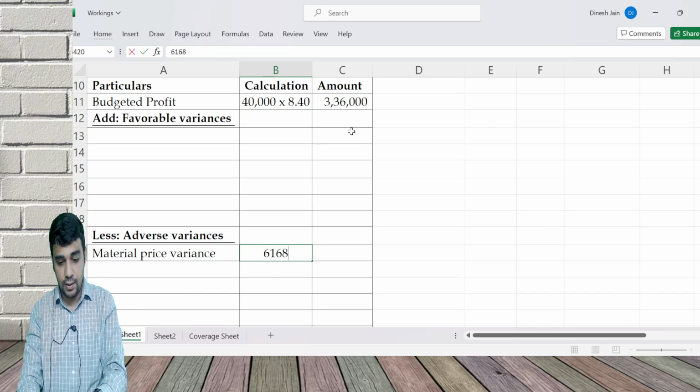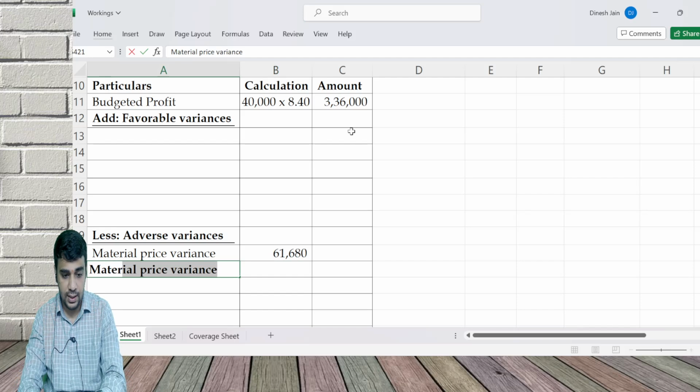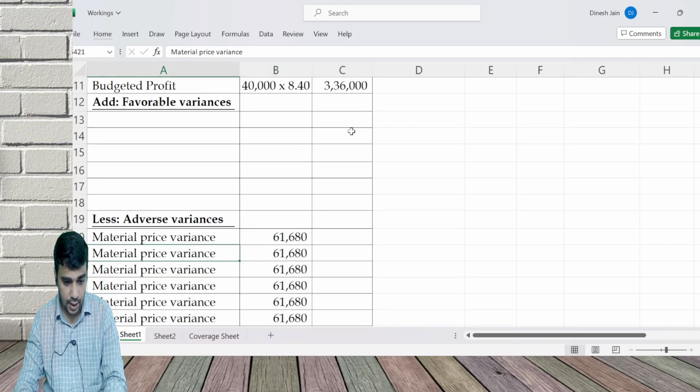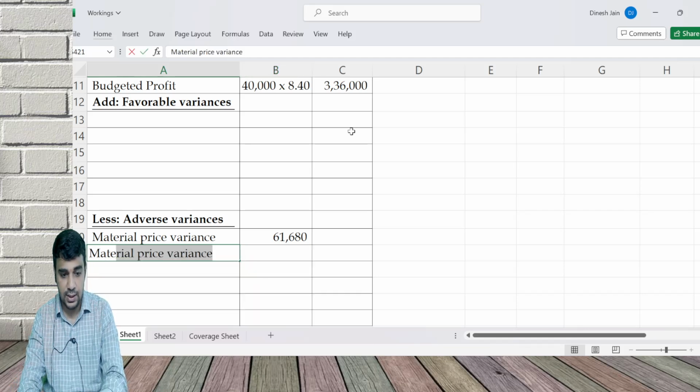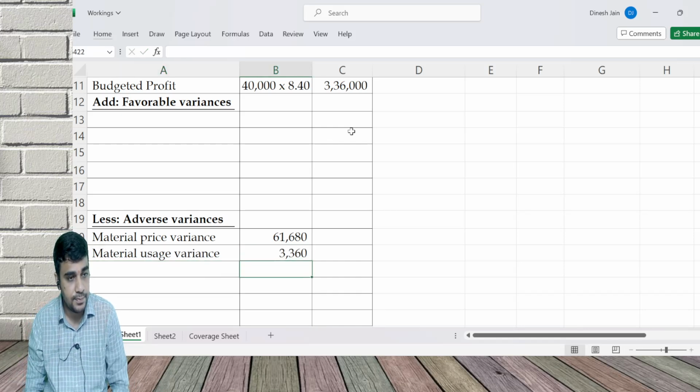I'll write this in inner column, 61,680. Material usage variance, 3,360 adverse. All adverse at one place, favorable at one place.